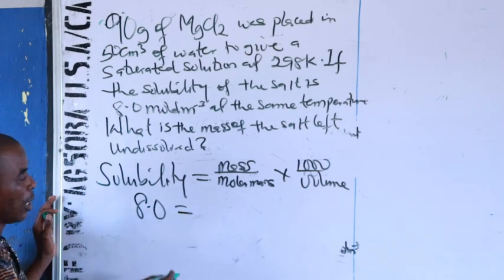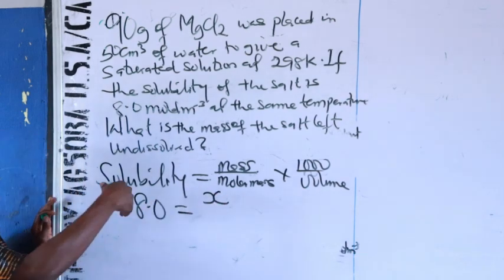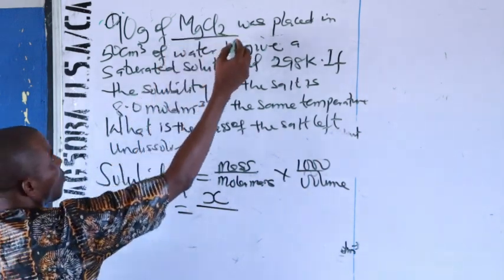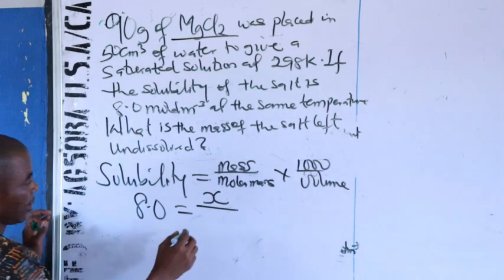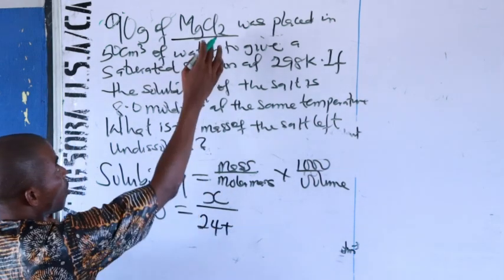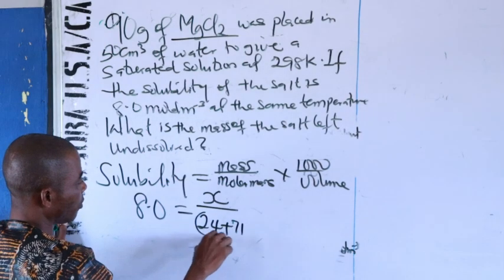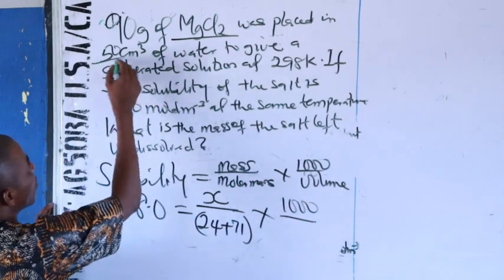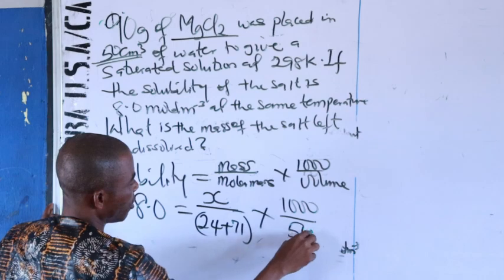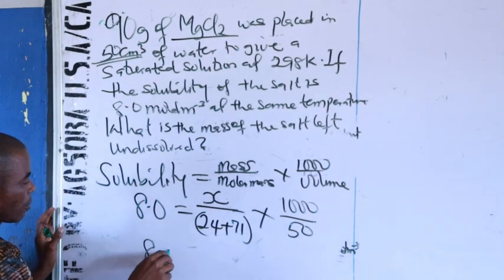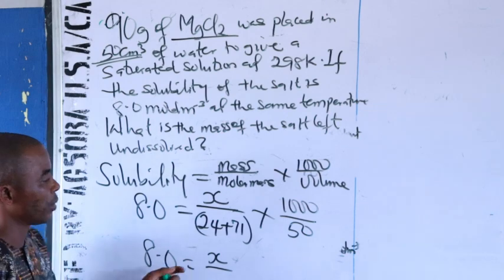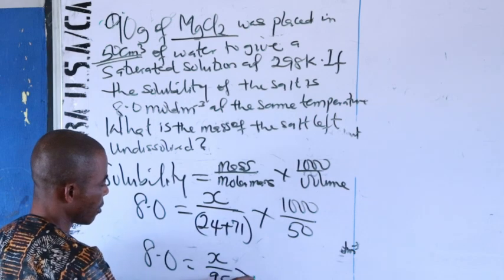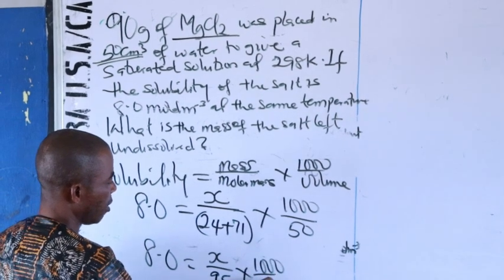The molar mass of magnesium chloride is 24 plus 2 atoms of chlorine, which gives 71, so 95. The volume is 50 centimeter cube. So 8.0 is equal to x over 95, times 1000 over 50.